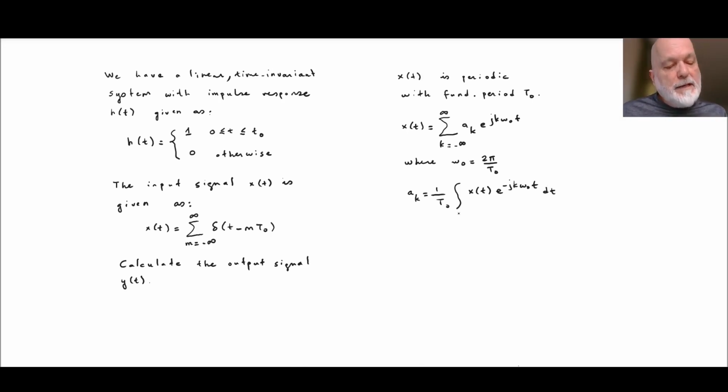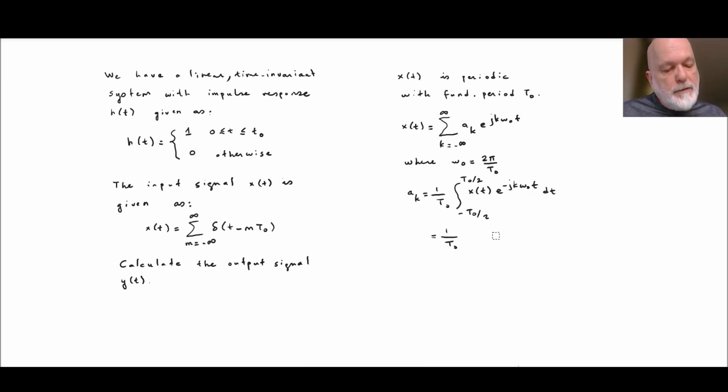Now we integrate over a period. And the simplest choice in this case is from minus T0 over 2 to T0 over 2. And in this interval, the signal x of t is delta of t.